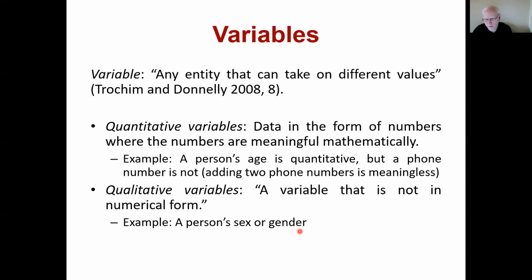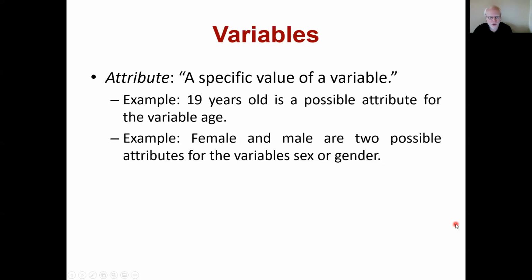But these aren't numbers, so you can't say female is 2 times male, or add them together. So it's important to remember quantitative versus qualitative variables. An attribute is a specific value of a variable.